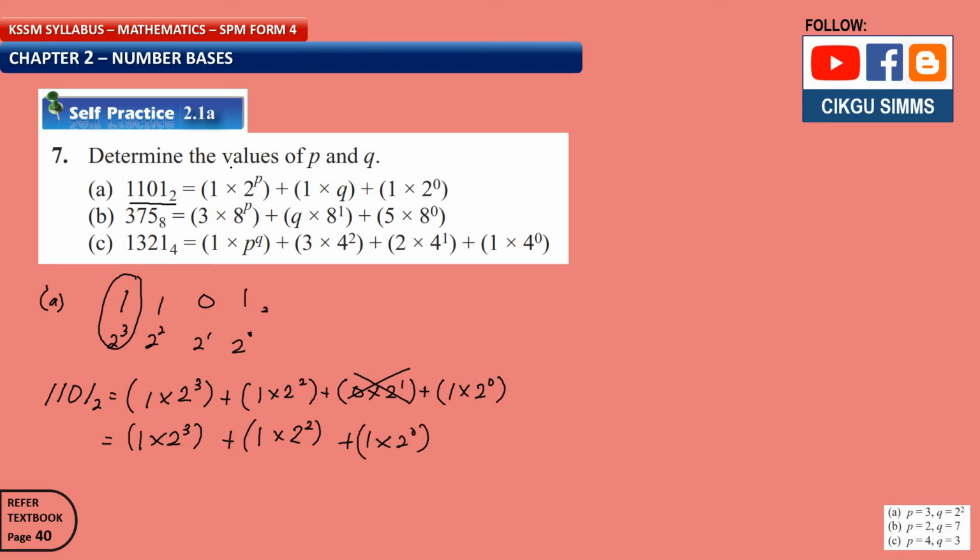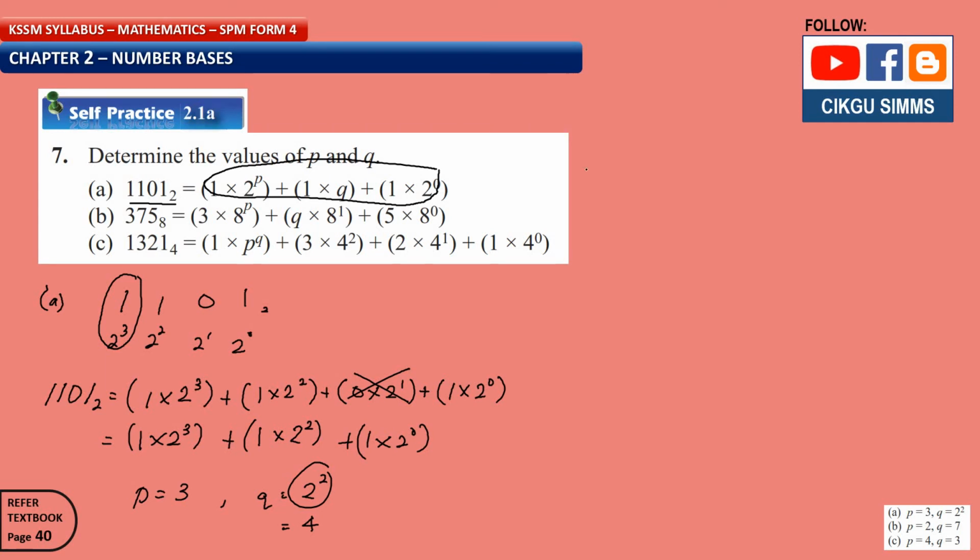Okay, so I compare with this. You can see that your P is 3 and your Q is 2 to the power of 2, which is 4. Or you can keep 2 to the power of 2.